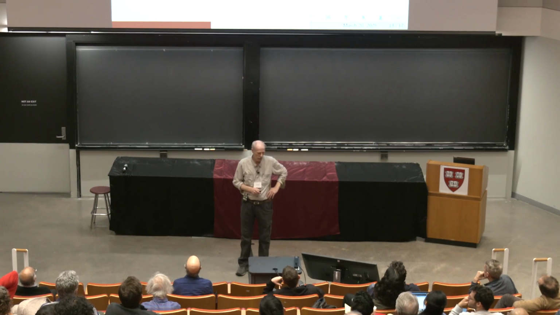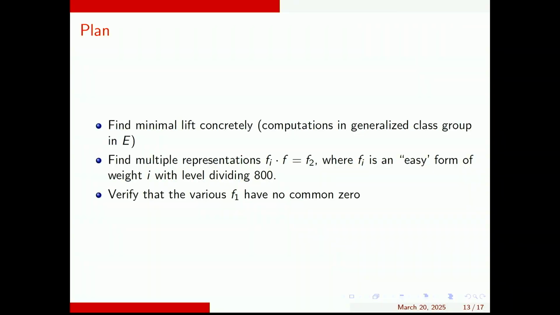So the plan, as I already mentioned, is to figure out what the minimal lift was, which pushes down to E, and then do the same thing they did in the earlier cases: find several different modular forms F1 of weight 1, multiply by your putative modular form, and get a modular form of weight 2 in level 800.